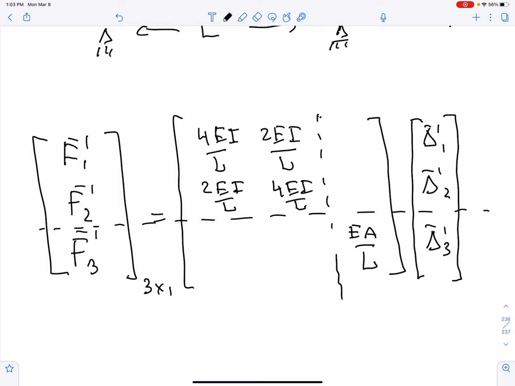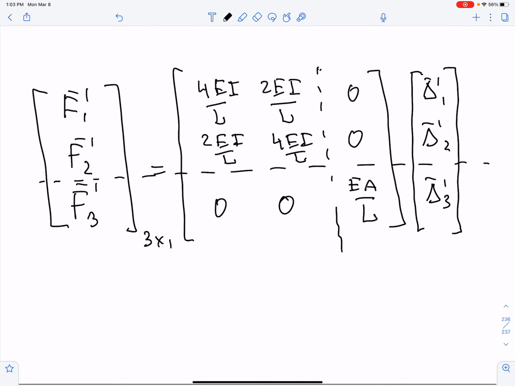And the assumption is that the truss and the beam's bending action are independent of each other. And so what that says is that the entries of the stiffness matrix have to be 0, meaning elongations generate forces only, and rotations generate moments. Elongations don't generate moments, and rotations don't generate forces.